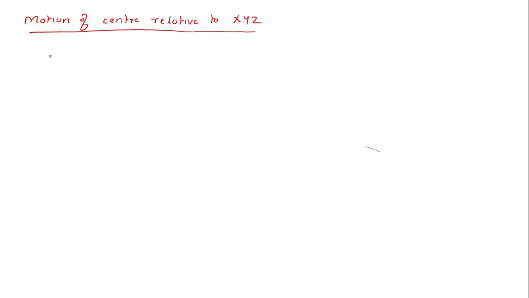So we have V capital XYZ vector is equal to V small xyz vector plus R dot vector plus omega vector cross rho vector. Now we had obtained all of these terms before, so I'll just write it down on the side here.